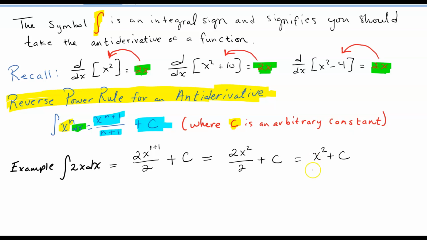And this right here actually addresses that fact: when you take the antiderivative of 2x, which was way over here, you're going to get x squared plus some constant of integration, c. So this addresses the whole family of functions that could have possibly been the original function. All right, but now let's go ahead and take a look at some examples.